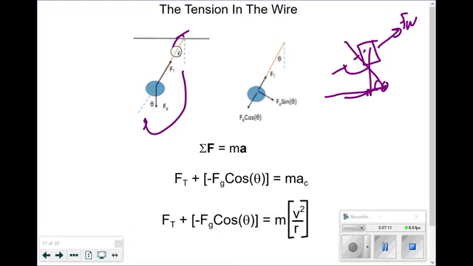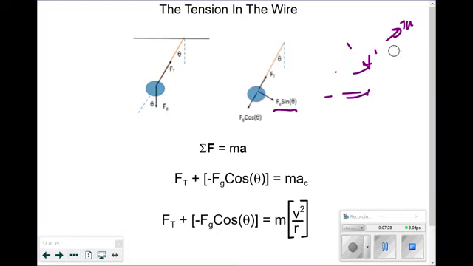So I can now break gravity up into its components, and very similar to the incline, I see that the part that's parallel to the motion is equal to Fg sine theta, and the part perpendicular to the motion is Fg cosine theta. Again, very similar to what we see with a block on an incline.